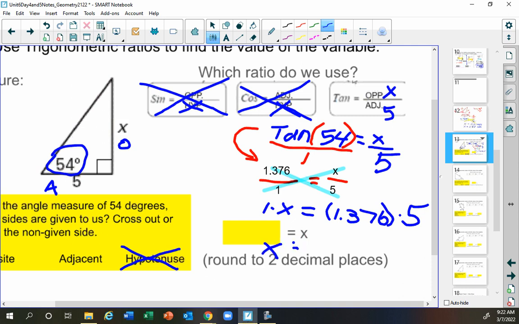But if we multiply 5 times 1.376, what would we get? 6.88. We'll check to make sure. Eric says 6.88. Is he right? Did we check our calculators?